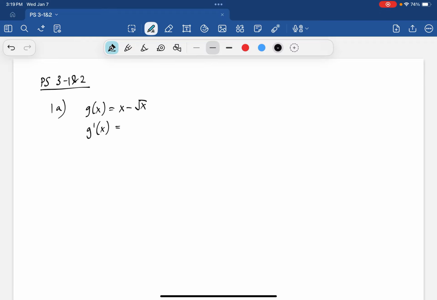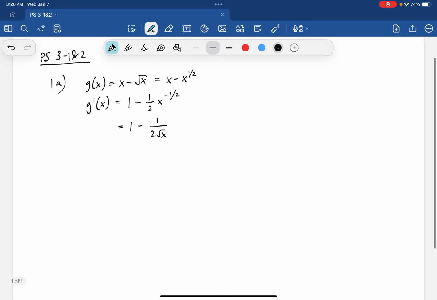To find the derivative, it would be best to rewrite this as a power. So the square root is a power of 1/2. And that means the derivative is equal to 1 minus 1/2 times x to the negative 1/2. And then we can rewrite that as 1 minus 1 over 2 root x, right?